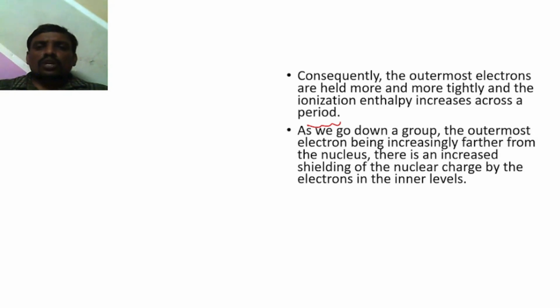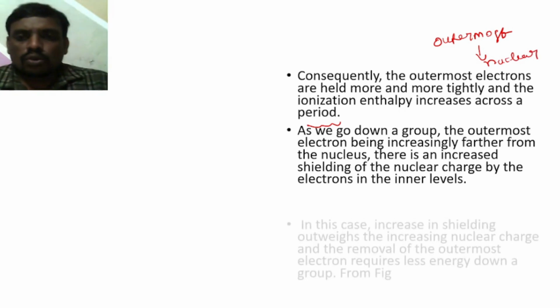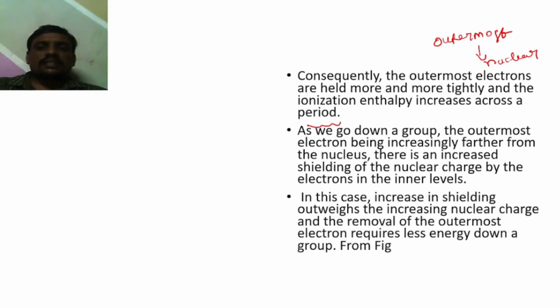As we go down a group, the outermost electron is farther from the nucleus, and there is an increased shielding of the nuclear charge. So in this case, the increase in shielding outweighs the increasing nuclear charge.